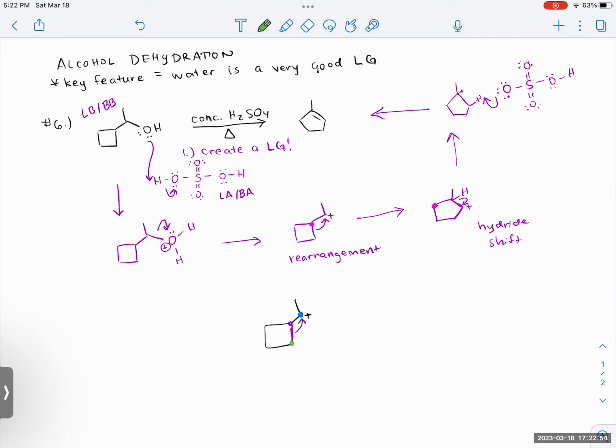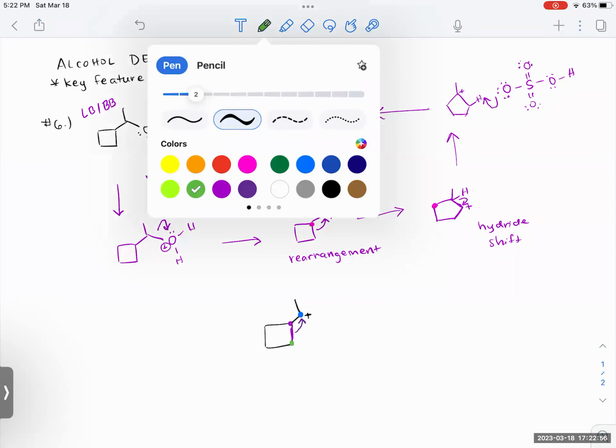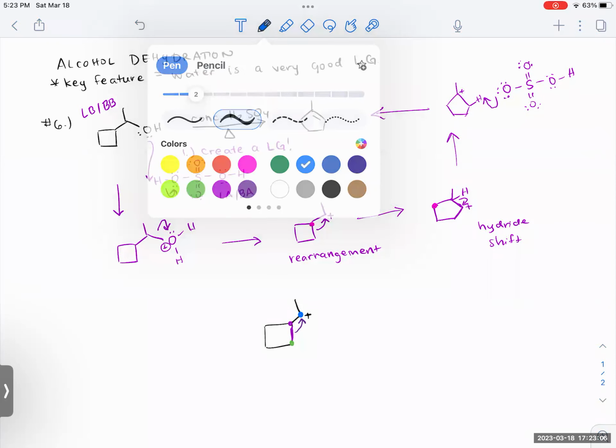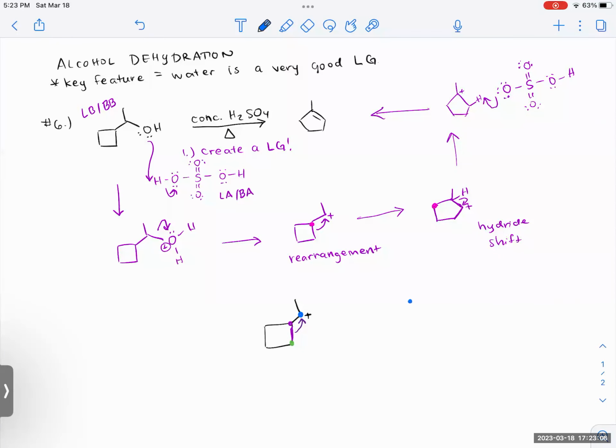Okay, when we redraw that, blue is going to be at the top.